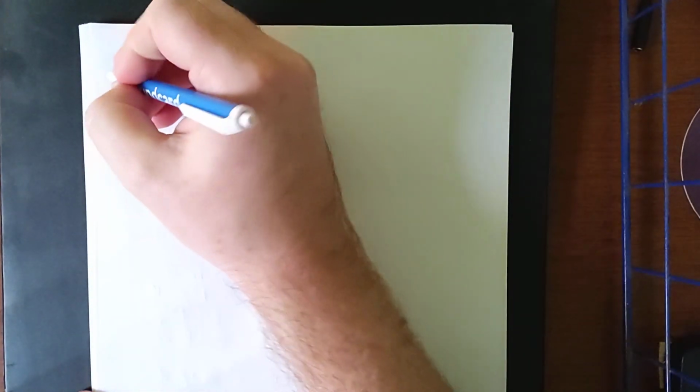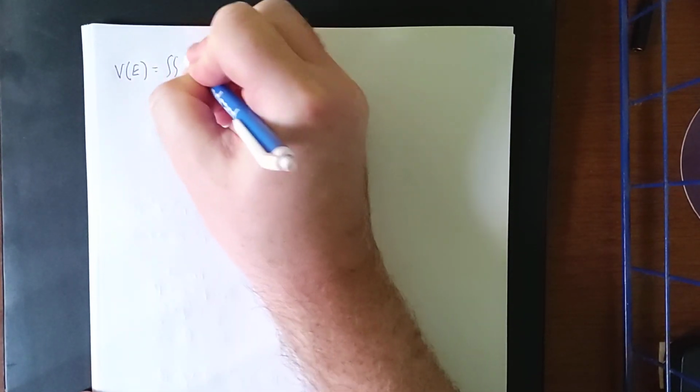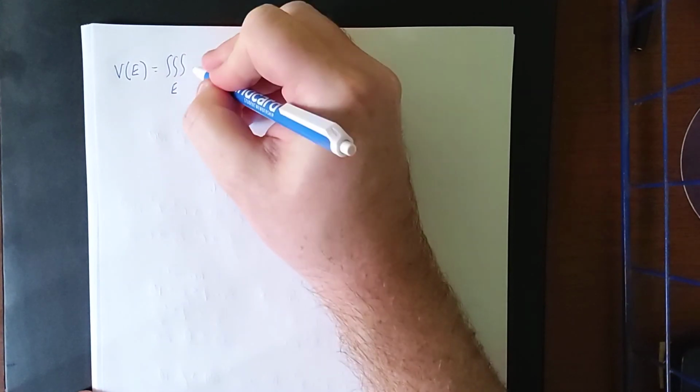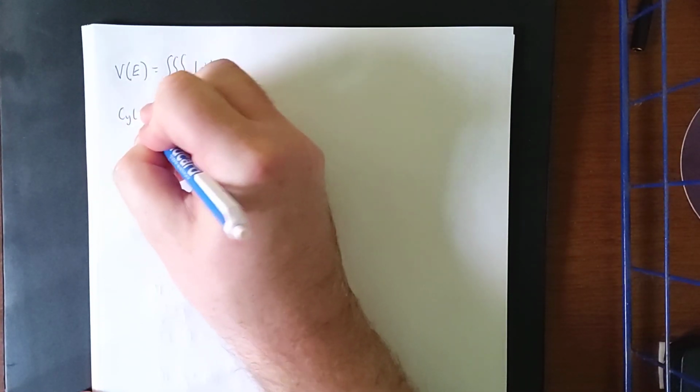So, the volume in question is going to be the triple integral over the solid E of 1 dV. We'll set up cylindrical first.